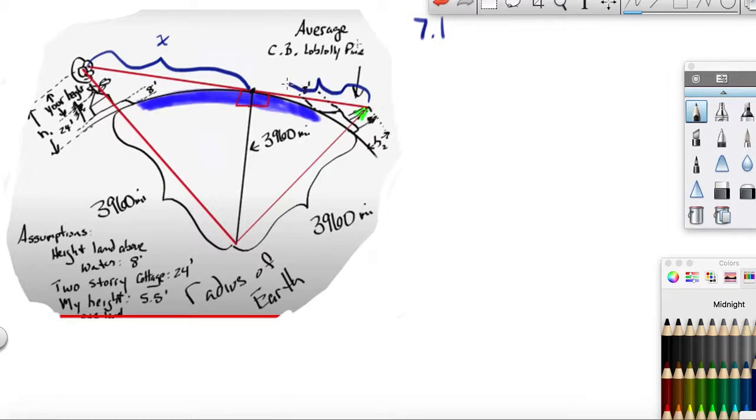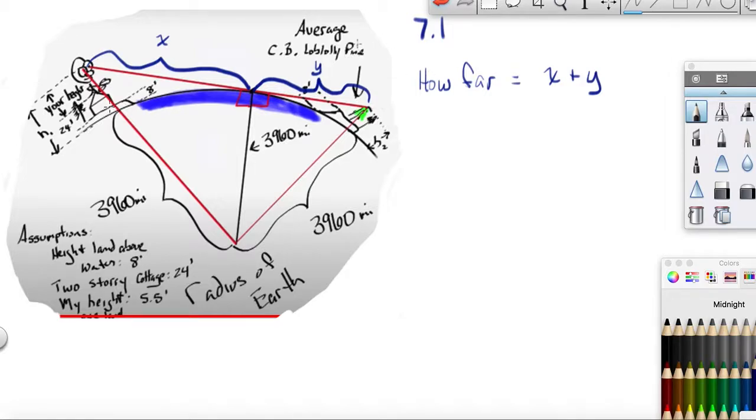So we are going to find this distance, y, and then the answer to the question, how far can we see, is going to be x plus y added together. So there's two problems here that we need to do. Let's take a look at x first. I'll do the x one for you, and then you guys have to figure out the y part.